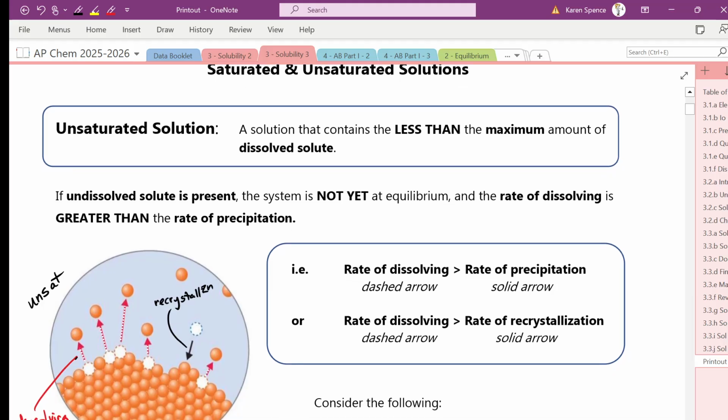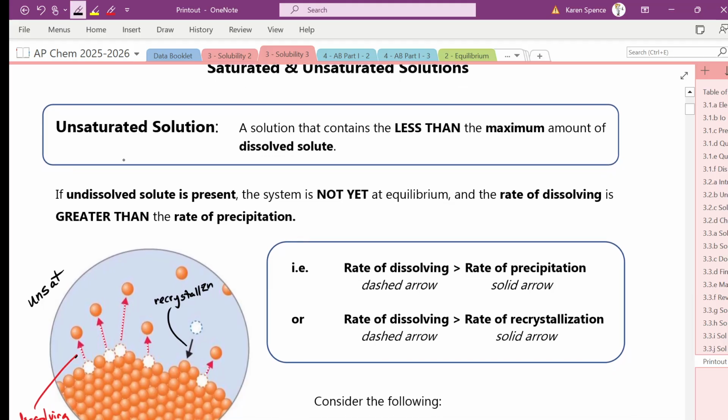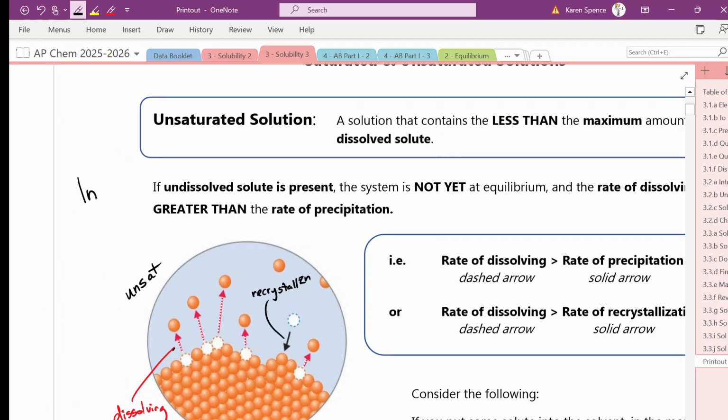So if you have an unsaturated solution, yes? In an unsaturated solution, if you have undissolved solute present, you are not at equilibrium, but you are moving towards equilibrium.